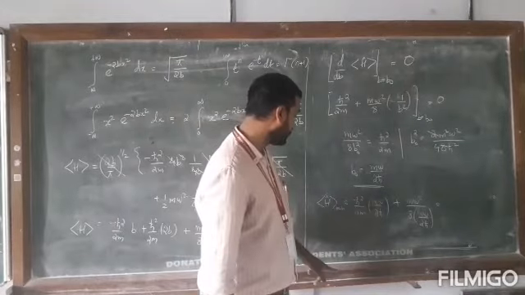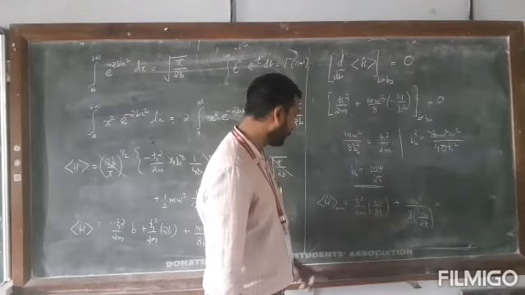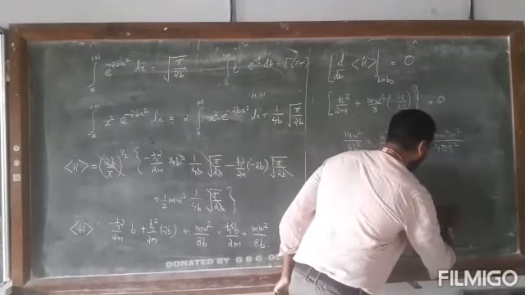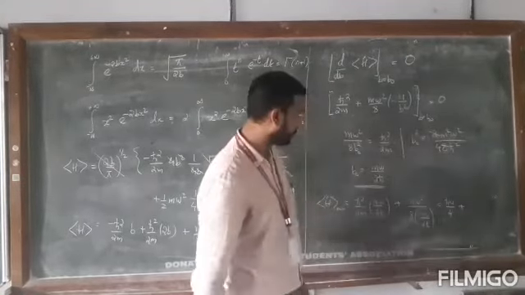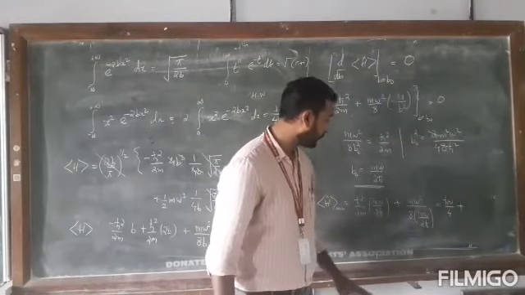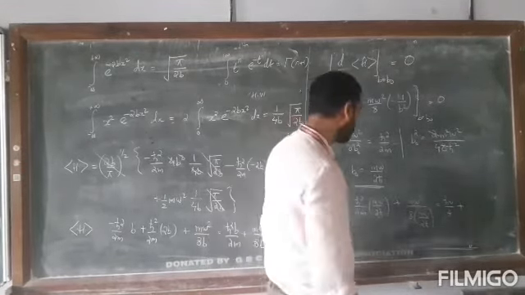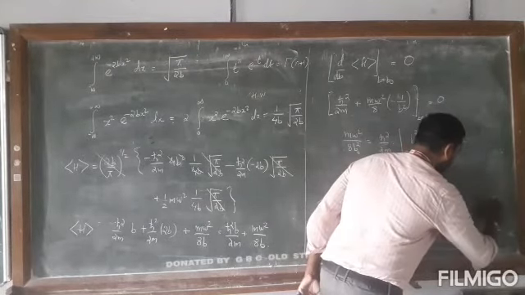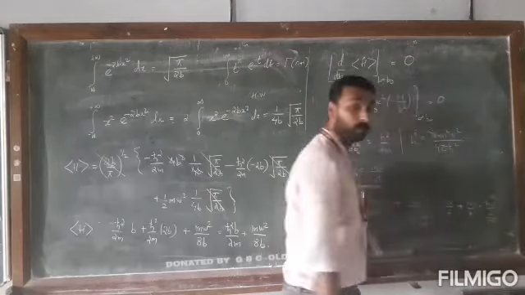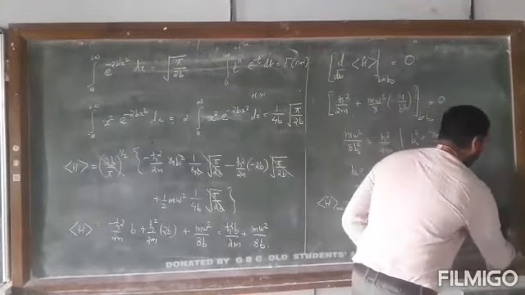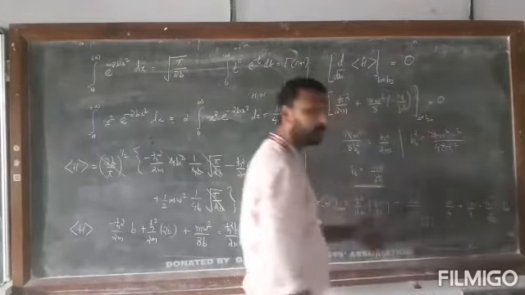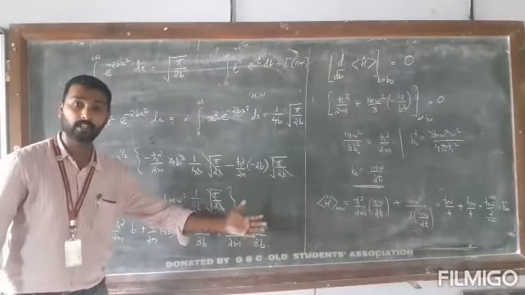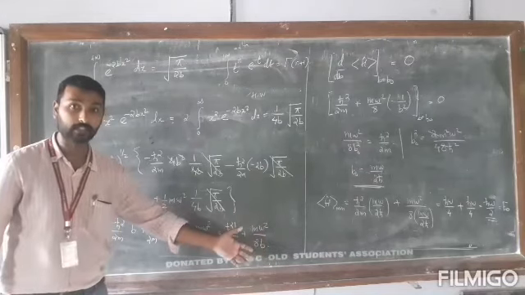One m would cancel, one ħ would cancel, and we get ħω/4, plus mω²/8 times 2ħ/mω, where one m would cancel, one ω would cancel, giving ħω/4. That is exactly equal to ħω/2, the exact value of the ground state energy of the harmonic oscillator. So we are getting the exact value of the ground state energy eigenvalue for the harmonic oscillator.